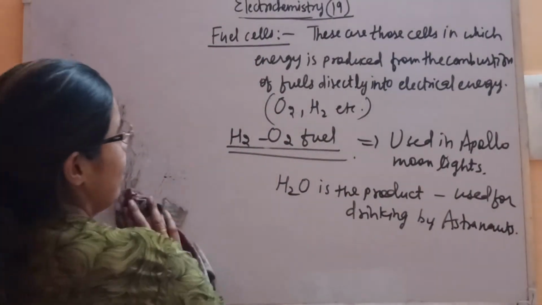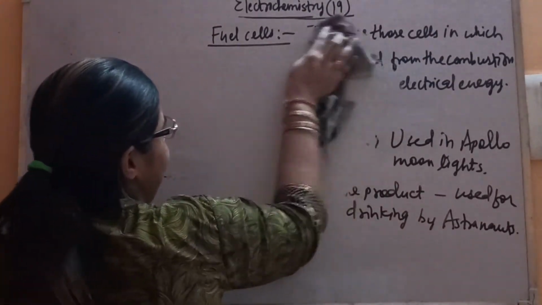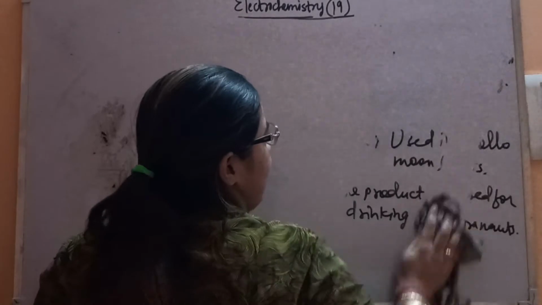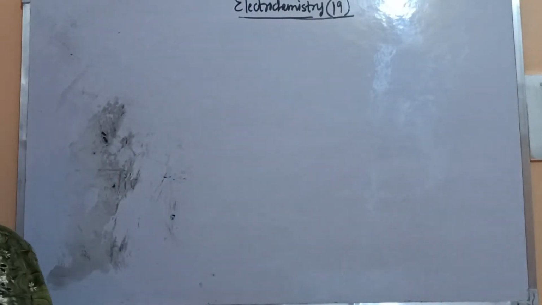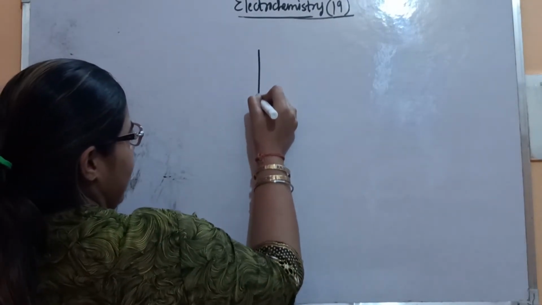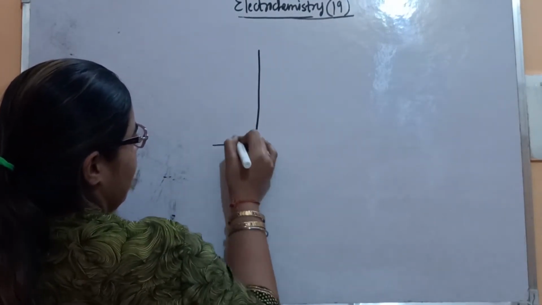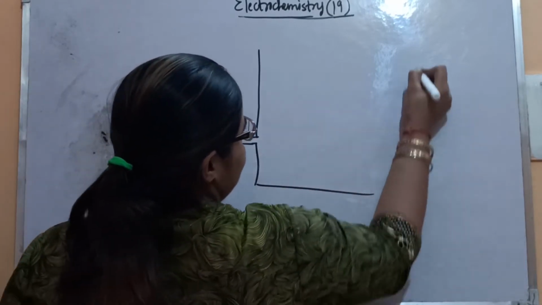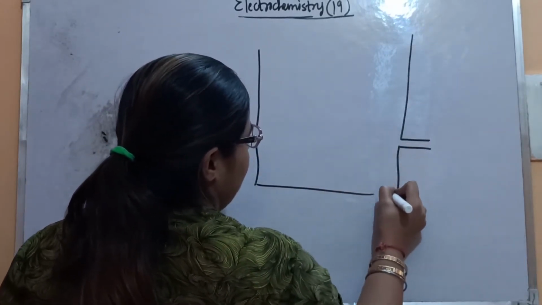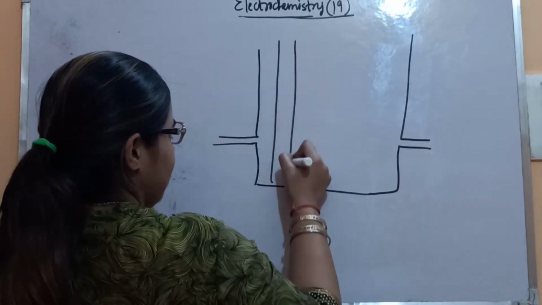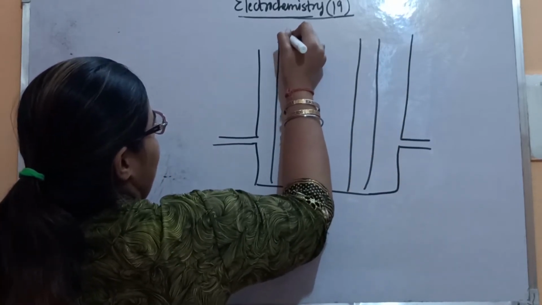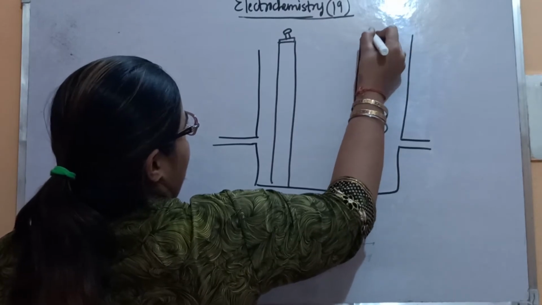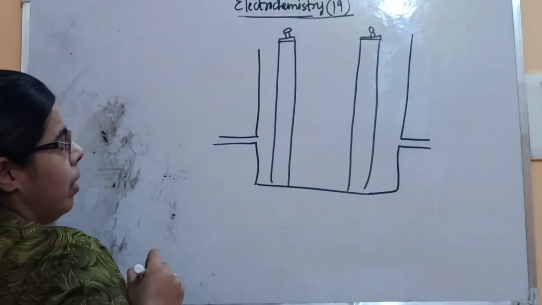Let's look at its diagram, then we'll see its advantages and disadvantages. It consists of two electrodes, porous electrodes made up of carbon.